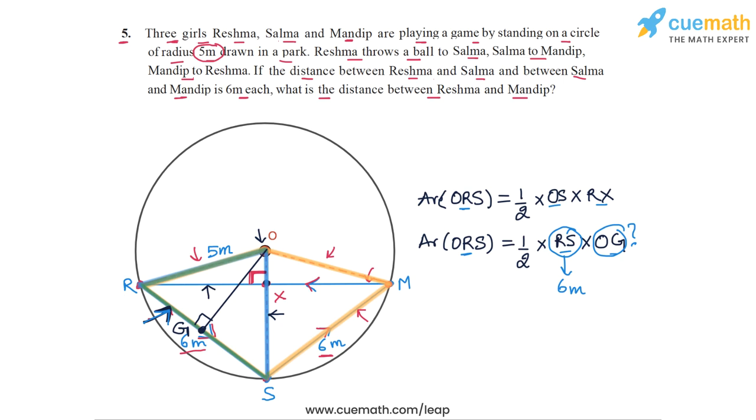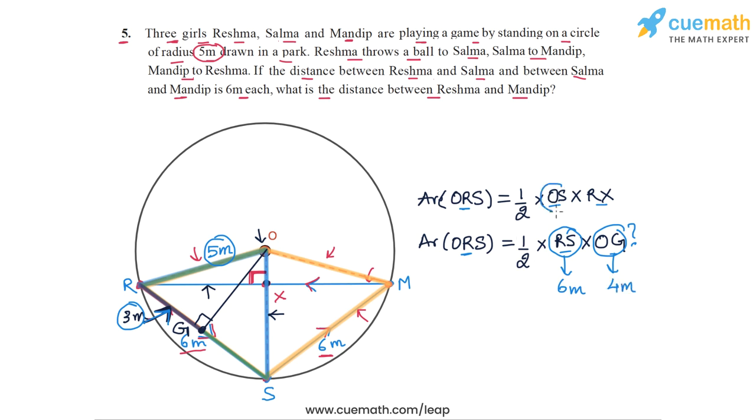So RG will be this side. So this will be equal to 3 meters, half of RS. So OG is also known. We can find OG by applying the Pythagoras theorem. So we have 5 meters, we have 3 meters. So OG will be equal to 4 meters.